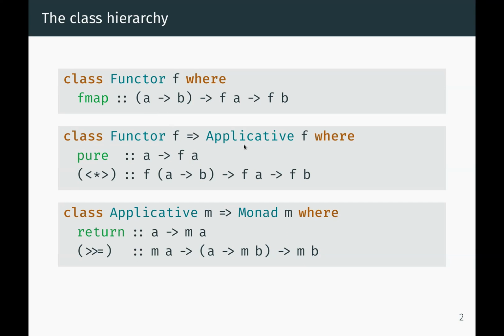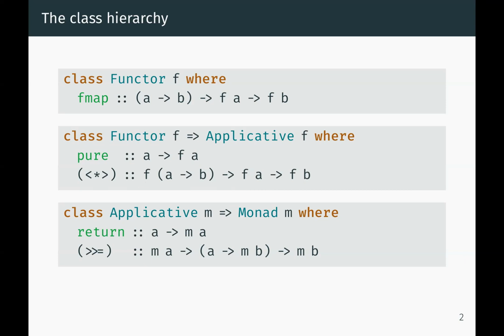Then we have applicative, which allows us to basically embed a pure value of type A into this applicative context FA. And we have this app operator, with this shape. So basically an effectful function and an effectful argument give you an effectful result.